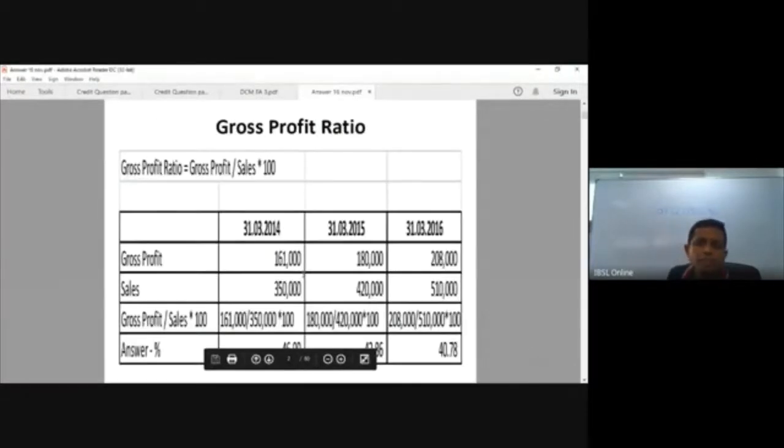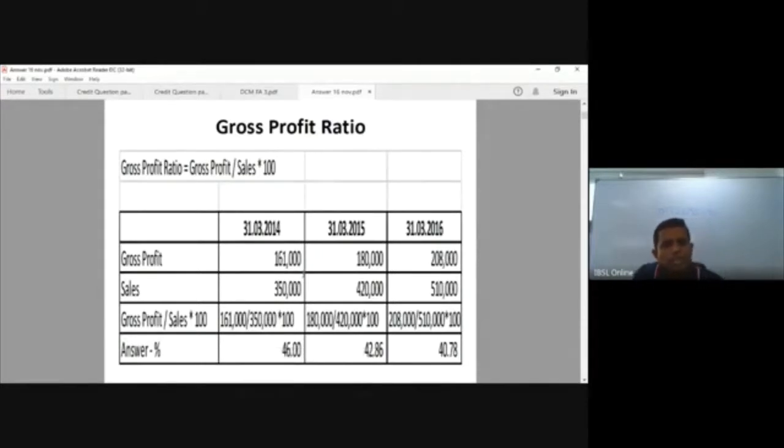Right. Starting from the profitability ratios, the gross profit ratio. Go to the income statement, take the gross profit for each of these 3 years and take the sales, and you can easily calculate the gross profit ratio.